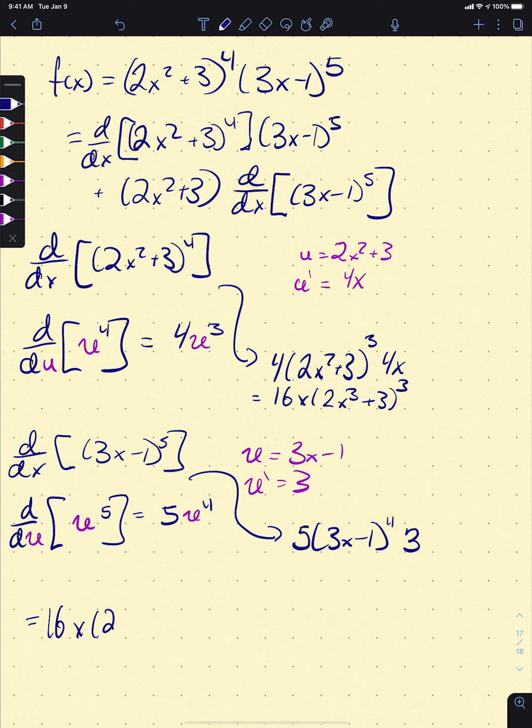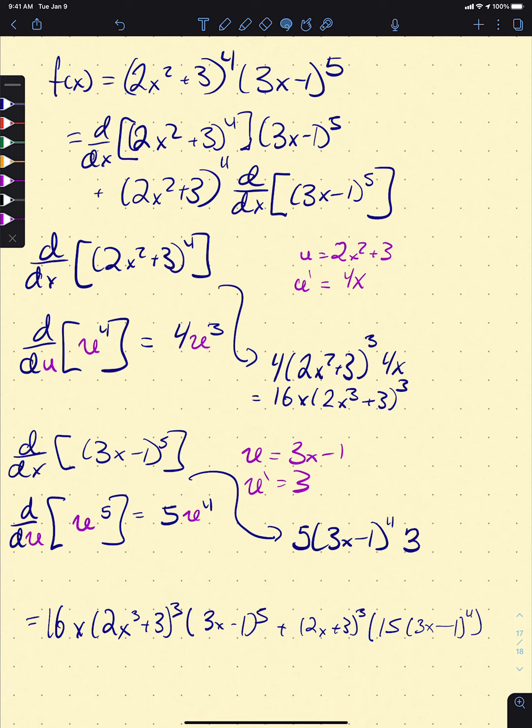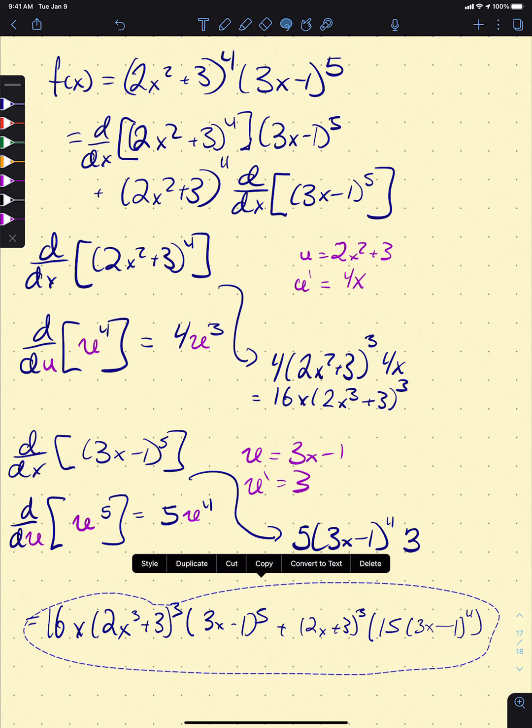We're going to have 16x times 2x squared plus 3 cubed times 3x minus 1 to the fourth, times 3x minus 1 to the fifth plus 2x squared plus 3 cubed times 15 times 3x minus 1 to the fourth. Okay, let's move this onto the next page and see if we can clean it up at all.